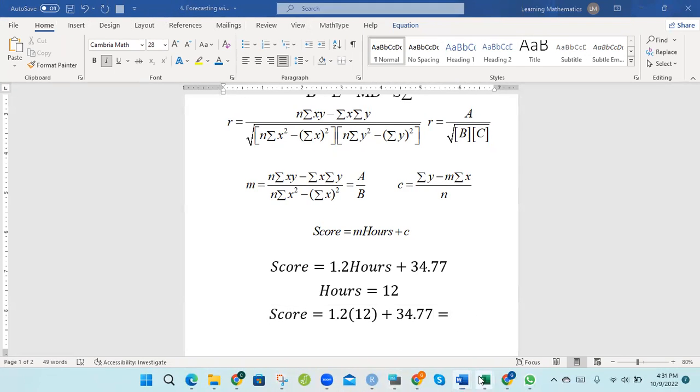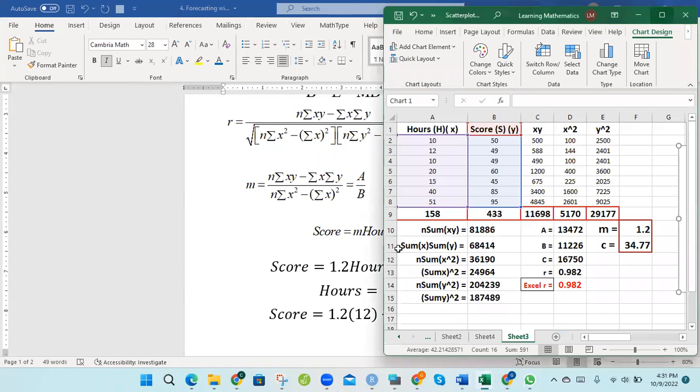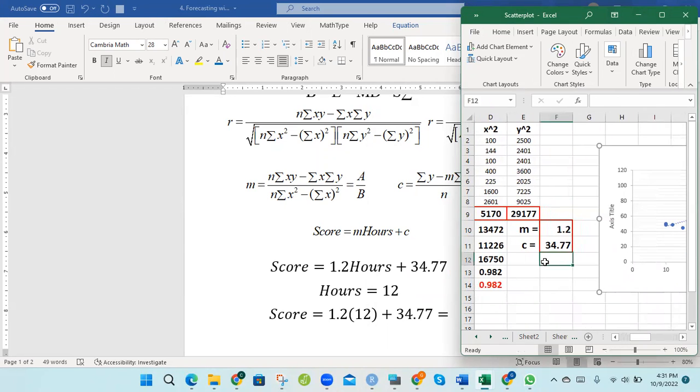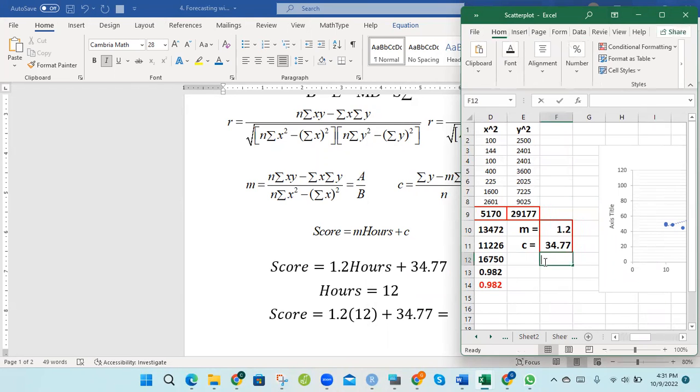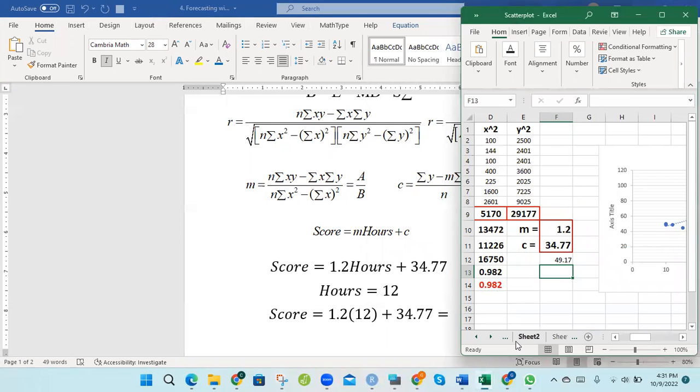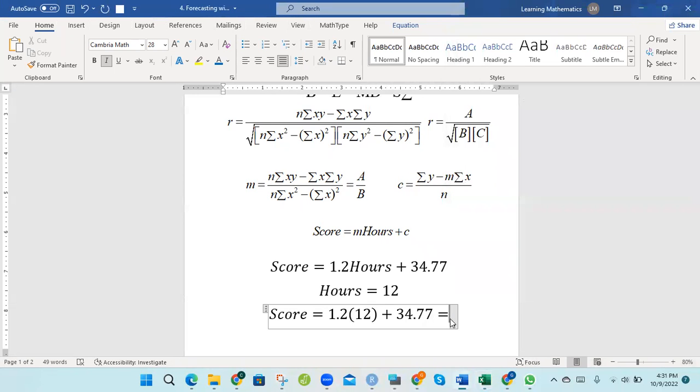You can use Excel to help you do that. So here we have equals 1.2 times 12 plus 34.77. And if you study for 12 hours, according to this, your score will basically be 49.17%.